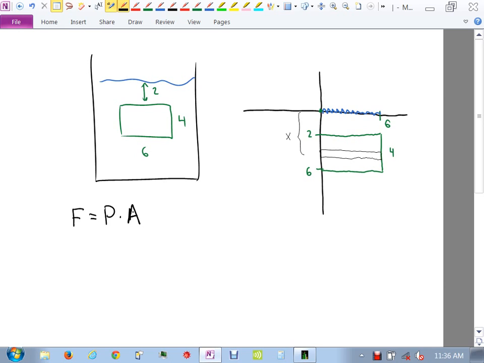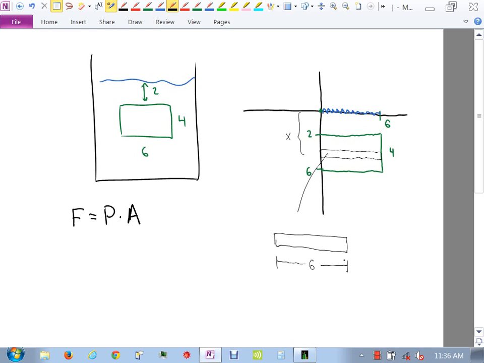So how wide is that band? It's 6. It's always 6, isn't it? I think I'll blow my band up over here. It's 6 wide. And then how tall is it? dx, because x was my measurement, okay?